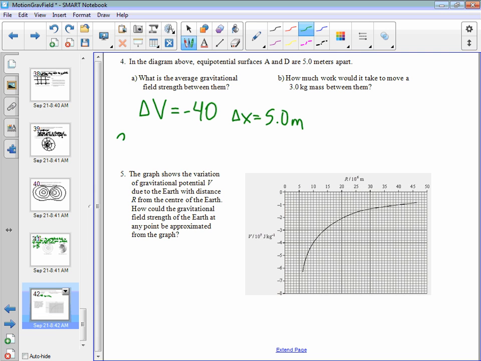So the average gravitational field strength between the two is negative delta V over delta X, which gives us 8.